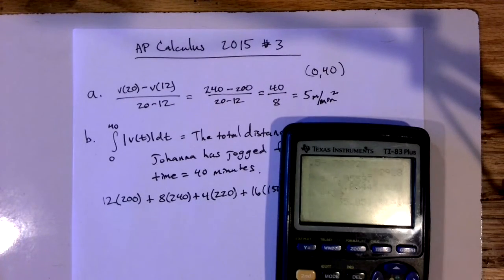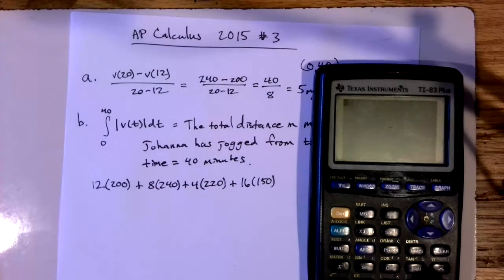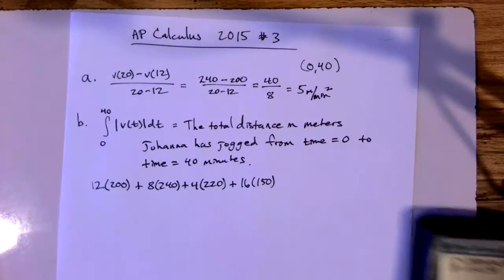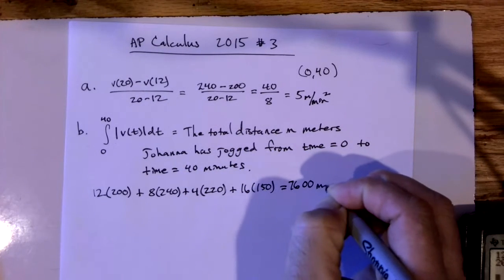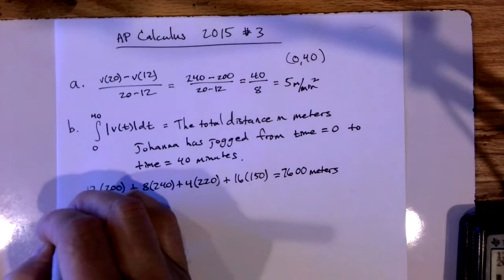I think they're going to allow you to use your calculator on this stuff, so I'm going to go ahead and just type that in. I've got 12 times 200 plus 8 times 240 plus 4 times 220 plus 16 times 150, and I get 7,600 meters. And that's a good answer right there.